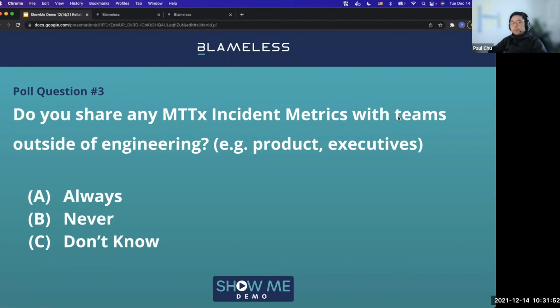Or maybe because it is being kept only to those applicable groups. But I think this is a result of maturity, but also of just being able to capture a lot of this information, which go hand in hand. Thank you guys for participating in the poll questions.